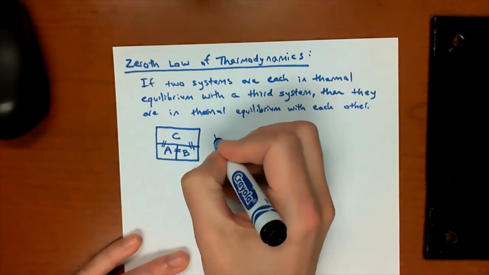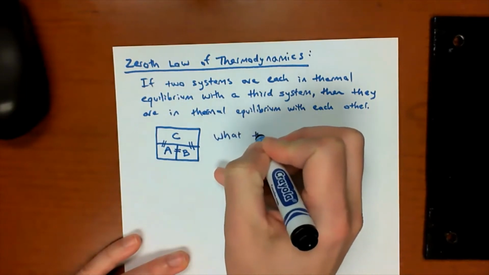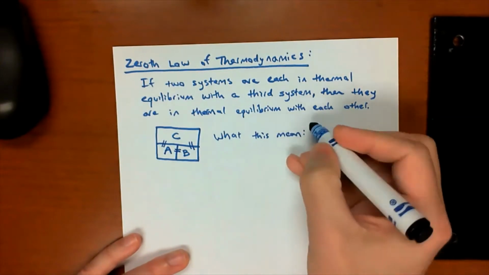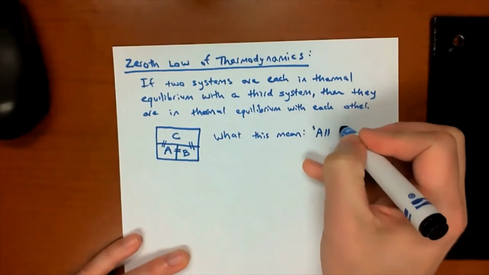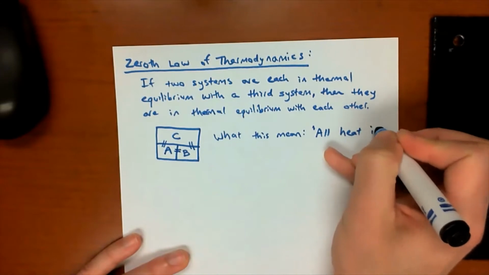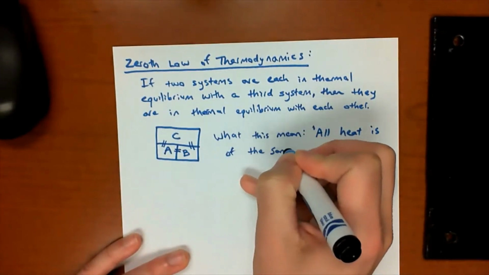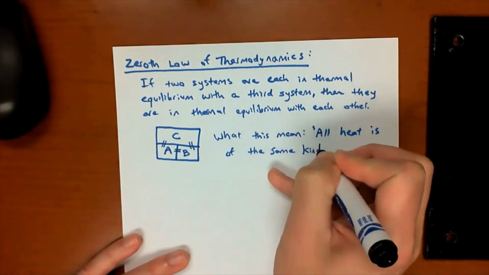1900s. What does this really mean? What it means is that all heat is of the same kind.